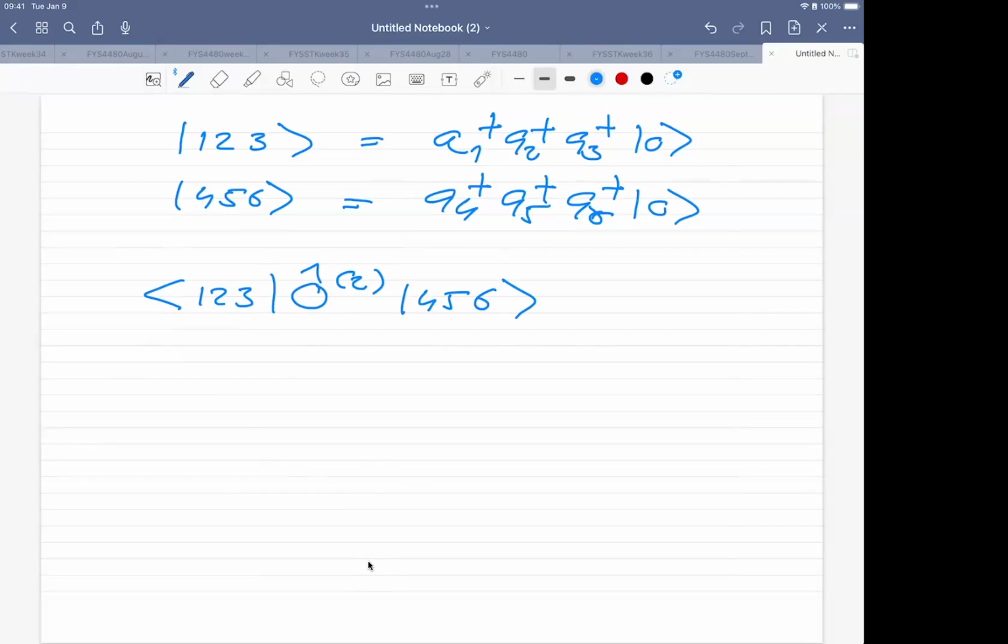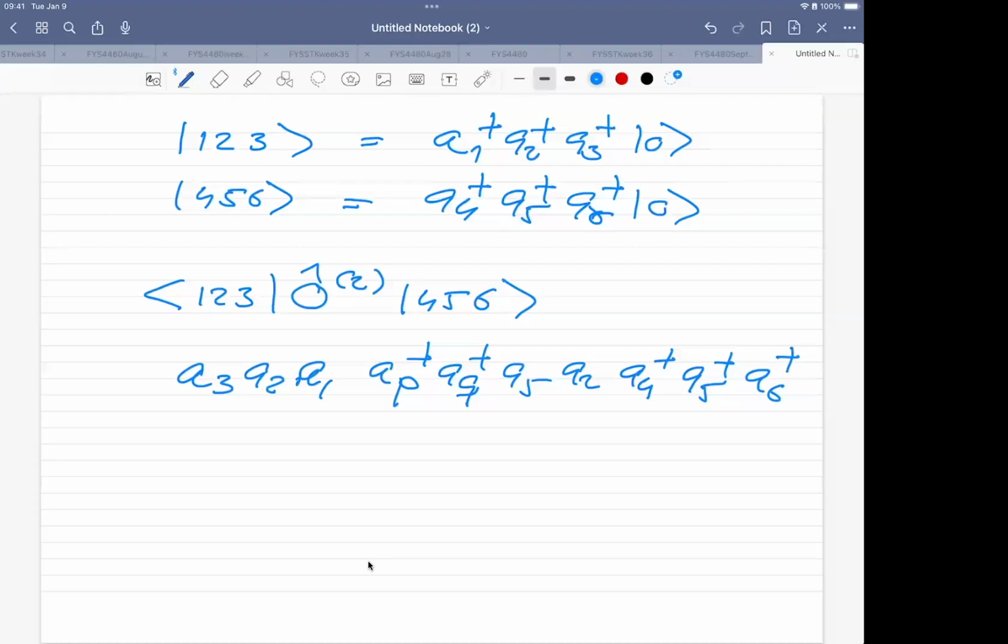So in this specific case, one of them, we're just putting it up, is the a2 operator. And then I have a4, a5, a6. I can take these two and do the possible set of contractions with these.